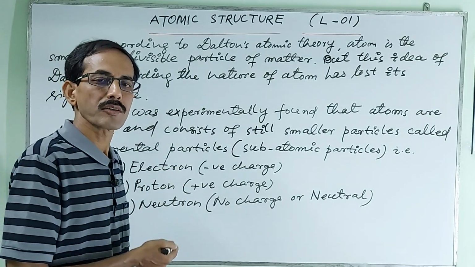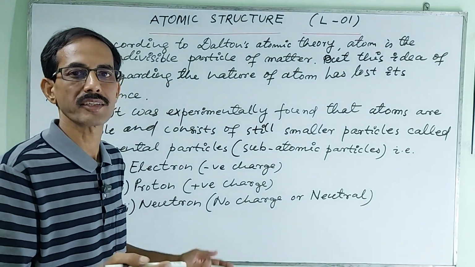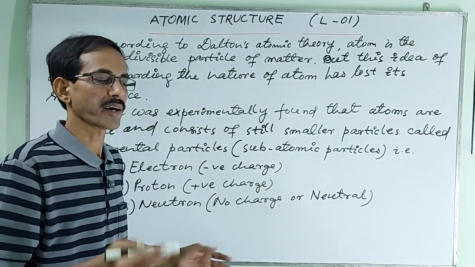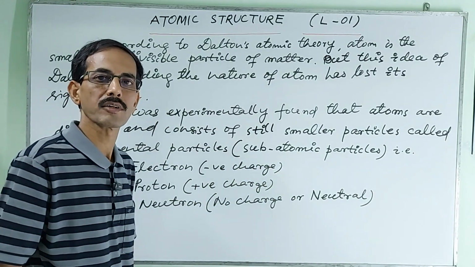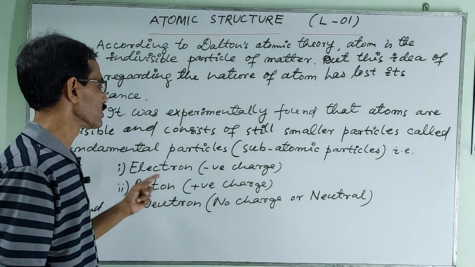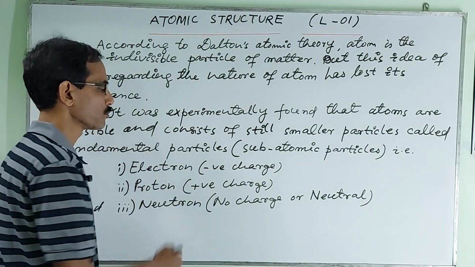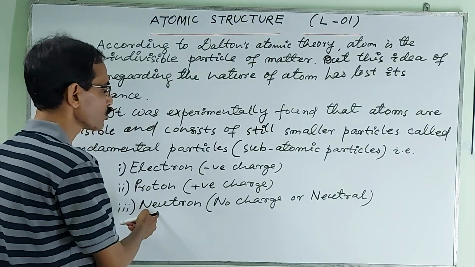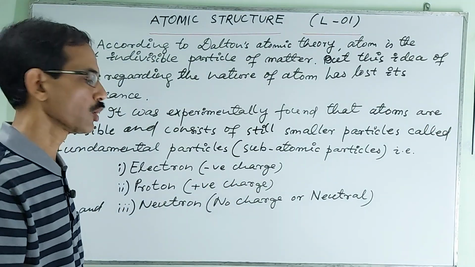What do you mean by divisible? You can break the atom into still smaller particles, simpler particles called fundamental particles or subatomic particles. They are known as electron, which carries negative charge, proton, which carries positive charge, and neutron, which has no charge or neutral particle.